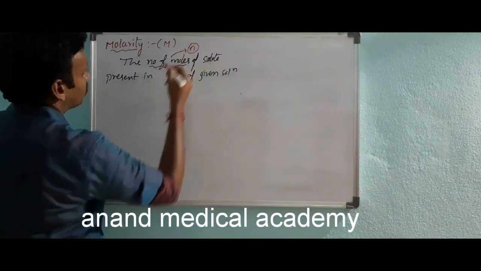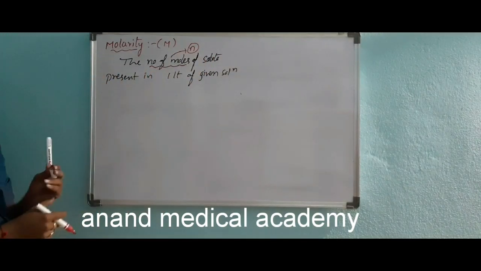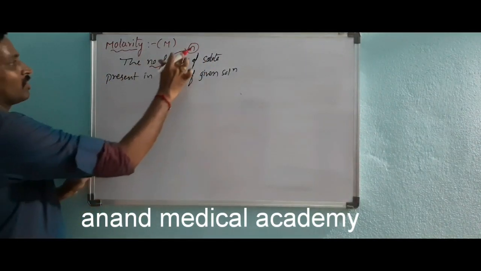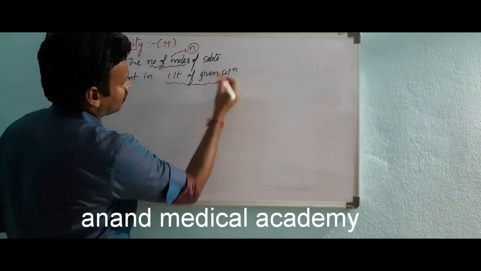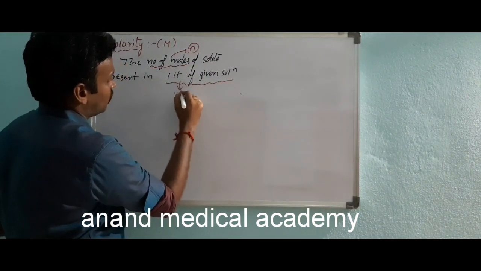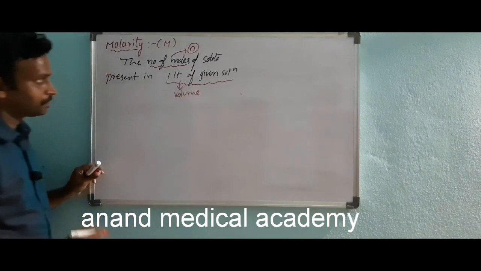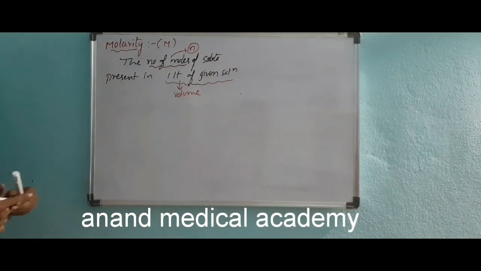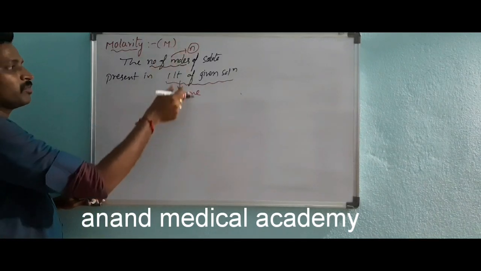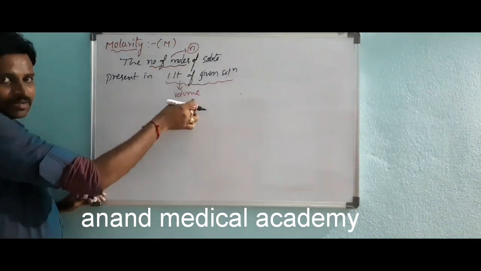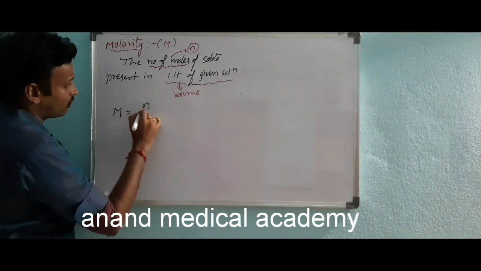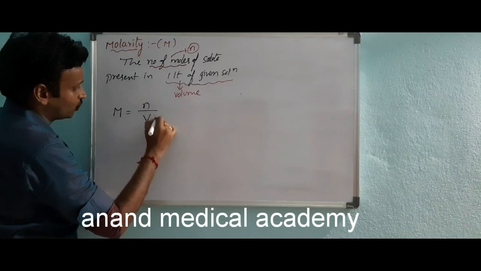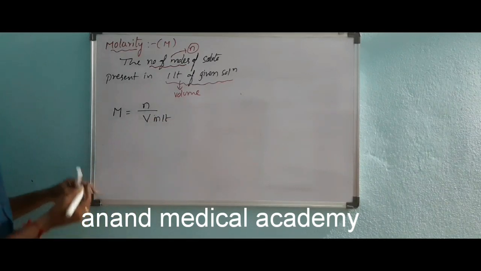So the number of moles of solute present in 1 liter of given solution means a volume term. In another way you can say molarity means number of moles in a particular volume. So molarity I am writing as number of moles by volume in liters. This is exactly molarity.